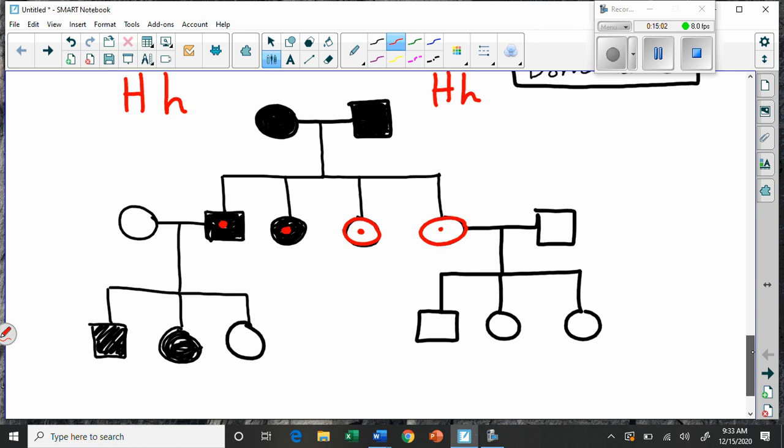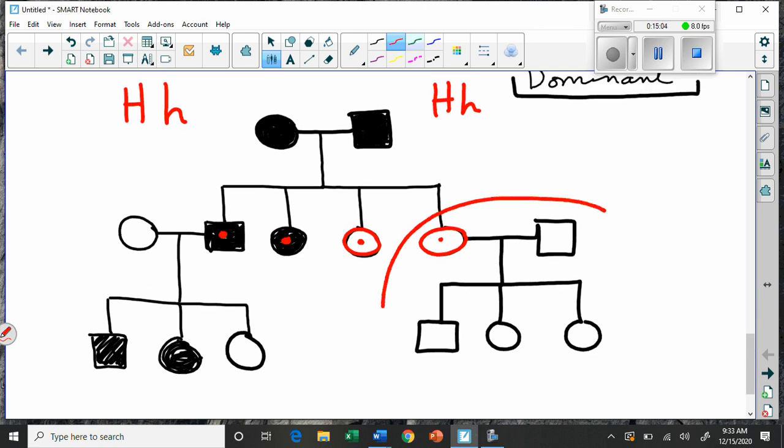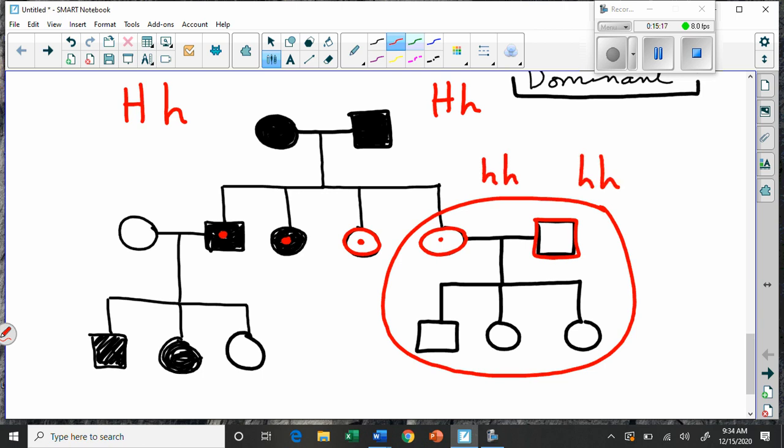Obviously, if we look at this side of the table, right here, it's safe to say that with two normal individuals, the only way that you can be normal with this Huntington's disease is if you are both homozygous recessive.